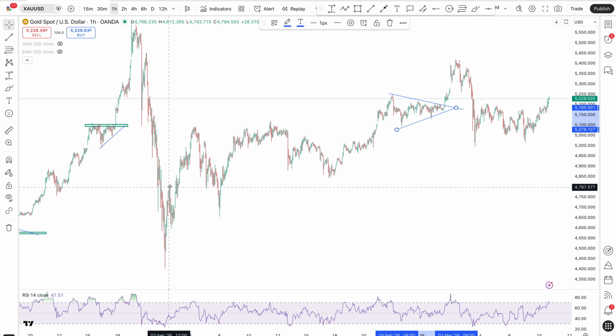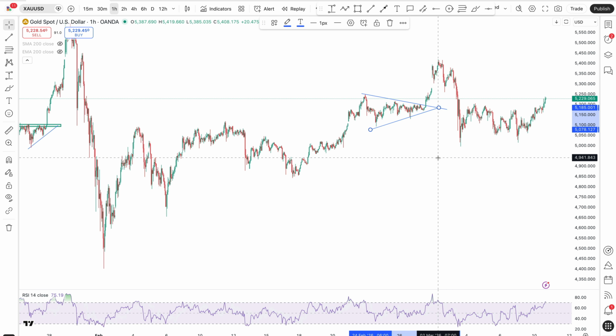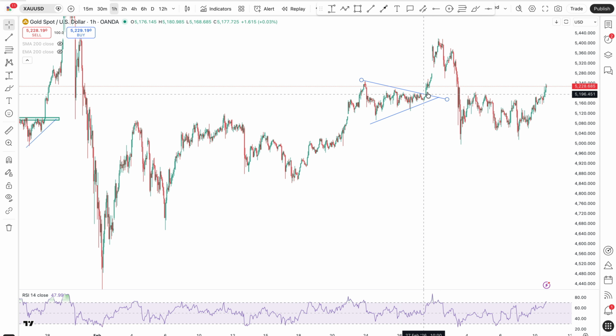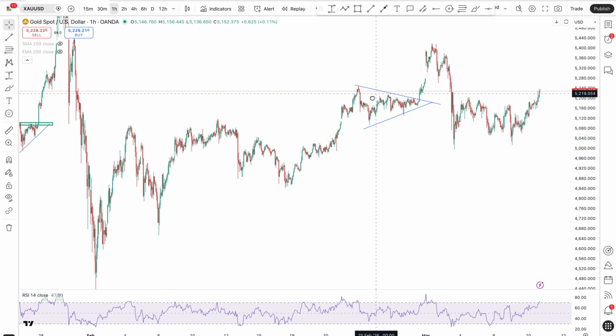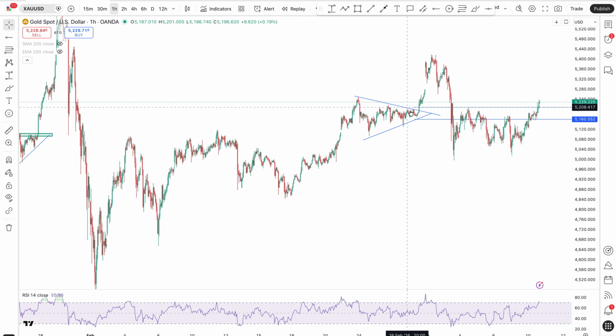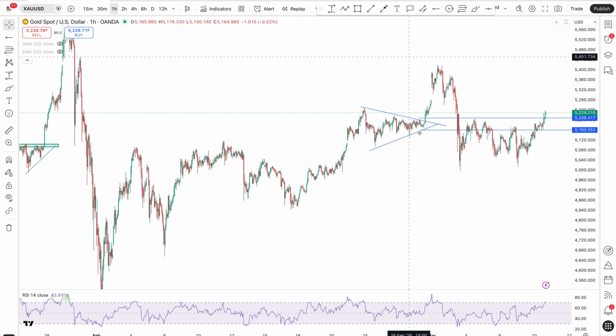So when you get patterns like this, these act as a continuation, right? When you get a pattern like this, immediately we break out from this pattern, from this consolidation, it means the market has decided on a direction it wants to head, and you just go long after the breakout. Stop loss will be placed underneath the consolidation, and your take profit target could be as high as 1:3 or 1:2, depending on how wide your stop loss is, right?